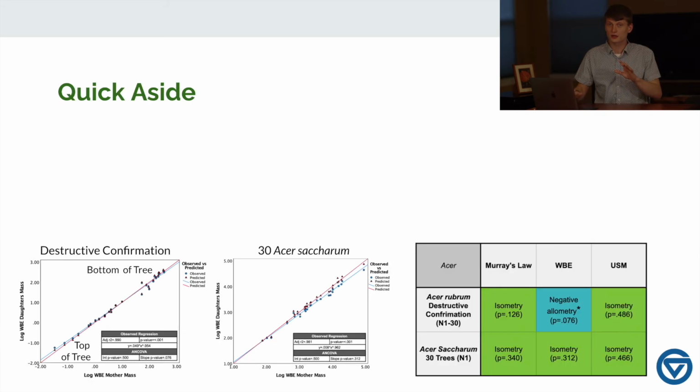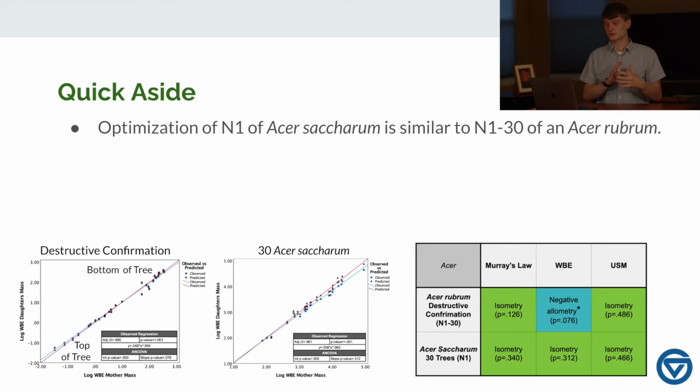And before I move on to ginkgo, I want to have a quick aside, and I want to talk about the optimization of node 1 of Acer saccharum, what I just went through, and its similarity to the destructive Acer rubrum, the nodes 1 through 30. If you look at that table on the right, we can see that we have this kind of two scenarios and three models. And it's almost isometry across the board, except for the Westbrown-Enquist for the Acer rubrum.